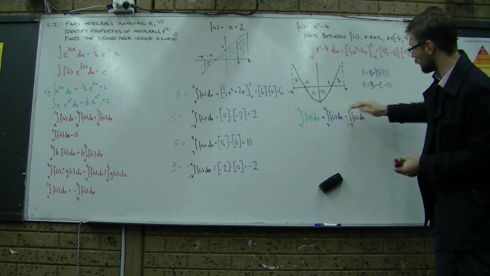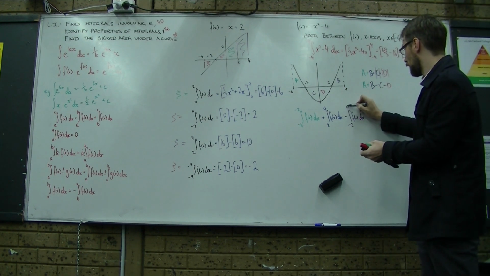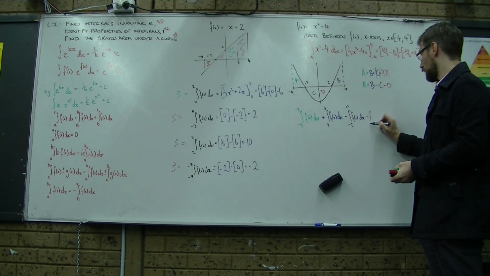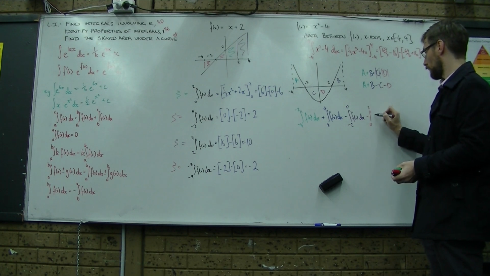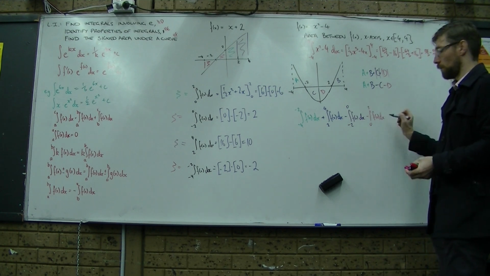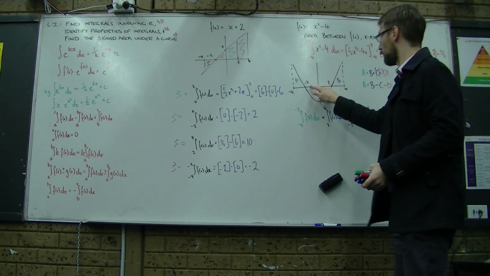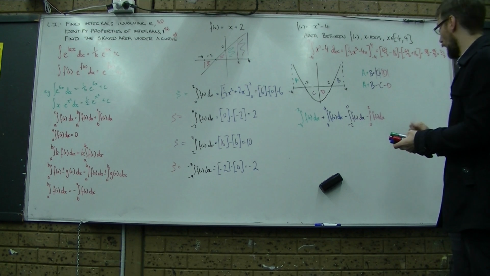Is that clear? Where's this? 0 over 2. Yeah. How do you find the area between 0 and 2 and 2 to 4 and times by 2? Perfectly valid. You can exploit symmetries all day long. That's perfectly fine. Okay, so we've got this.